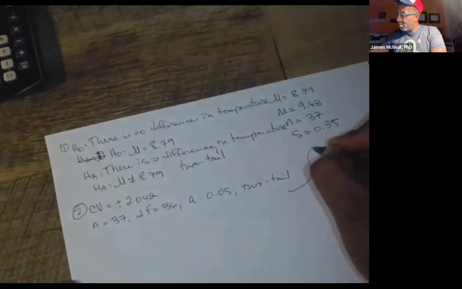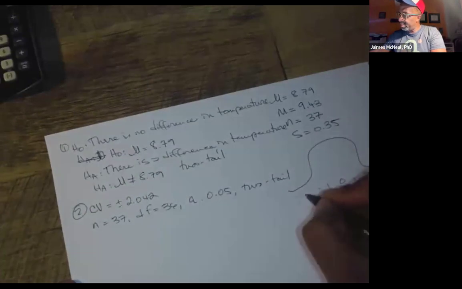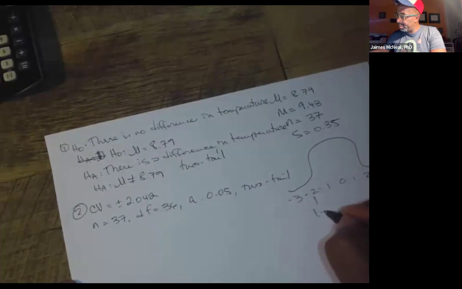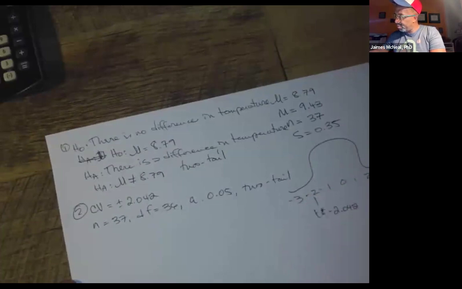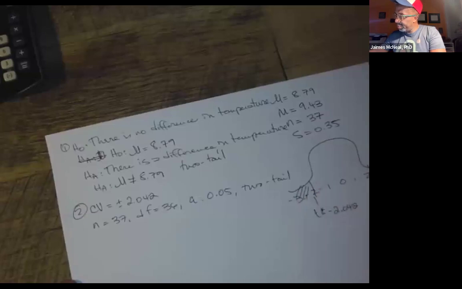Draw the curve, 0, 1, 2, 3, -1, -2, -3. So on the negative side, t equals negative 2.042, and t equals 2.042 positive. Right, that's the rejection zone.